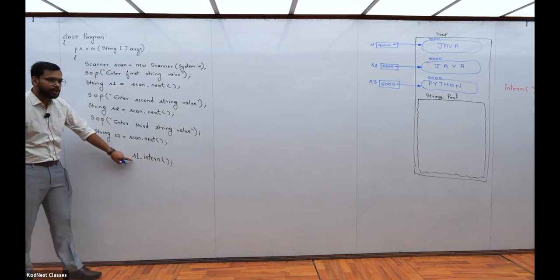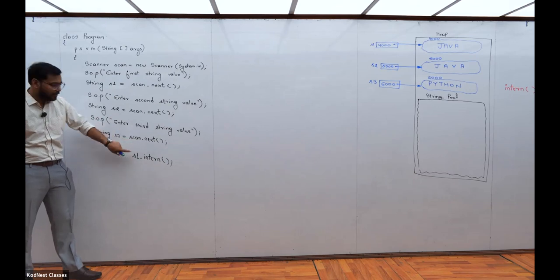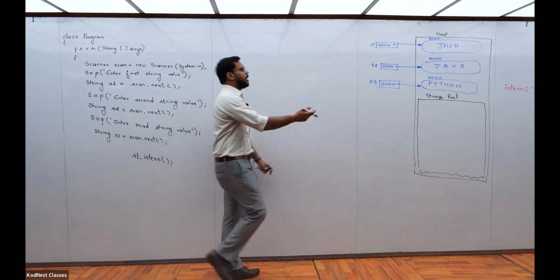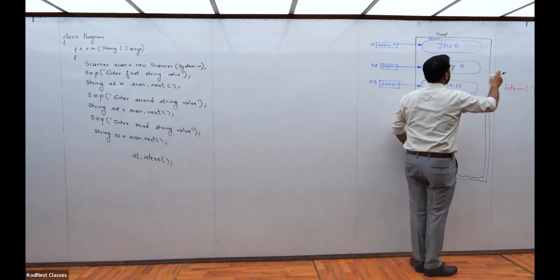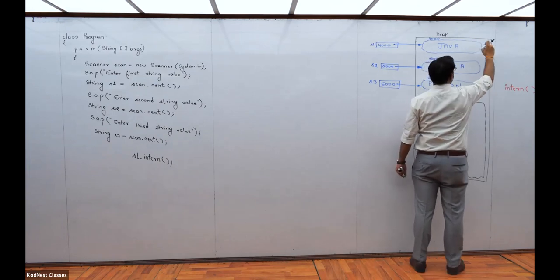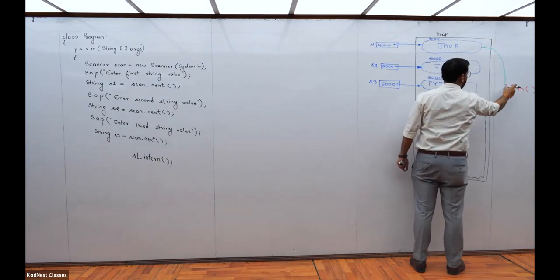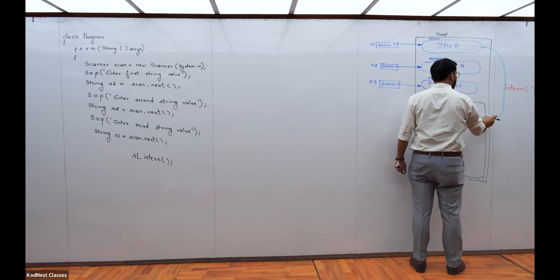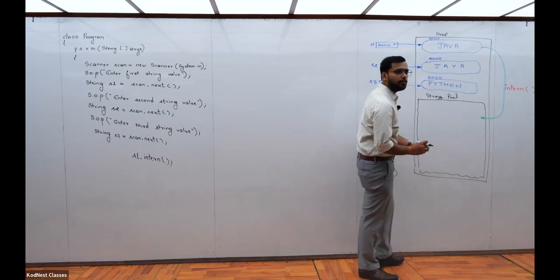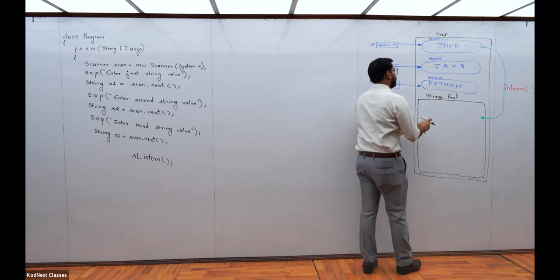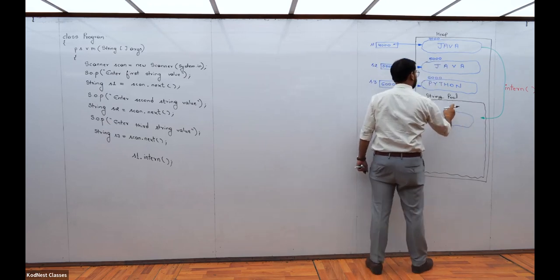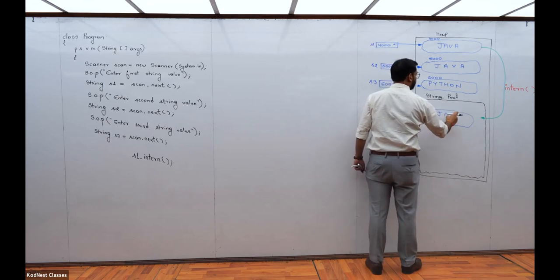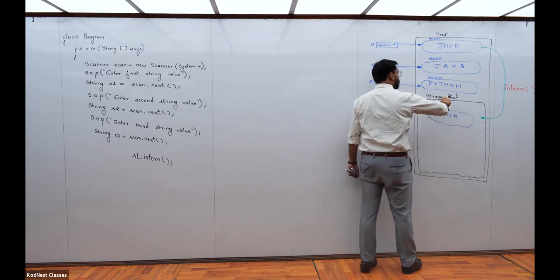It is going to transfer, shift this value s1, which is present outside the string pool, inside the string pool. So now inside the string pool one object will be created. What is the value of the object? Java.